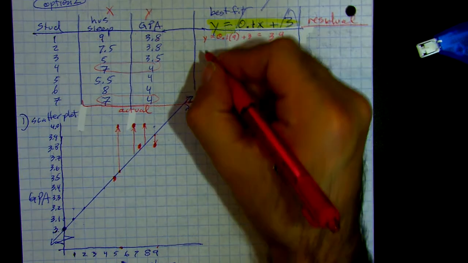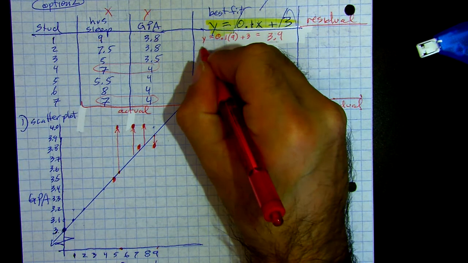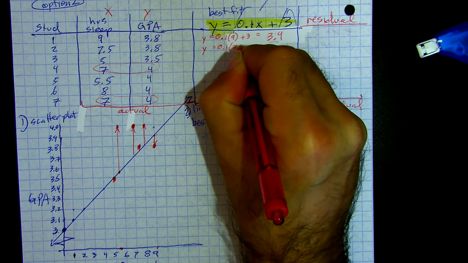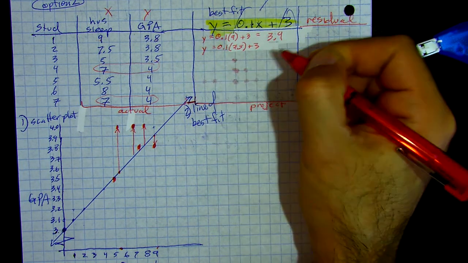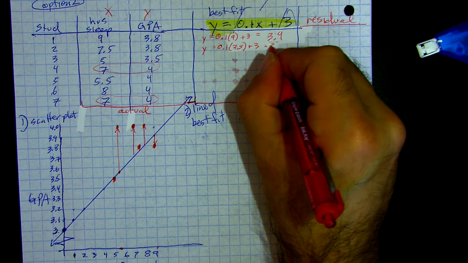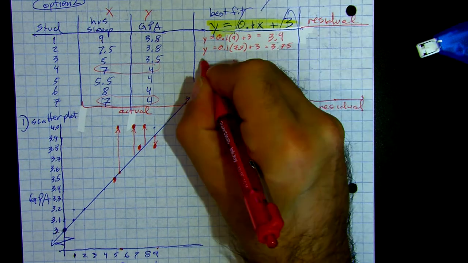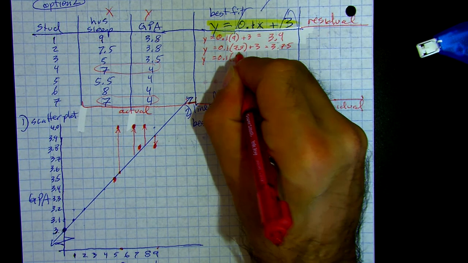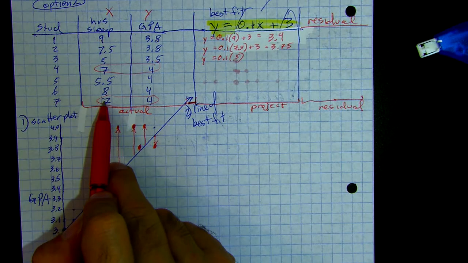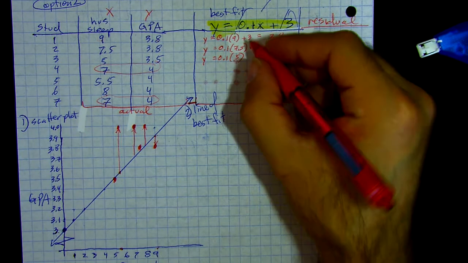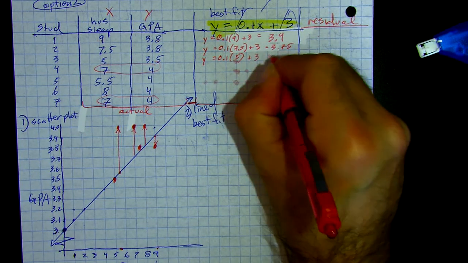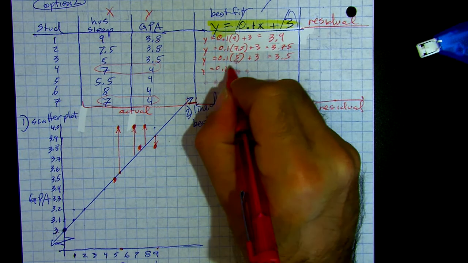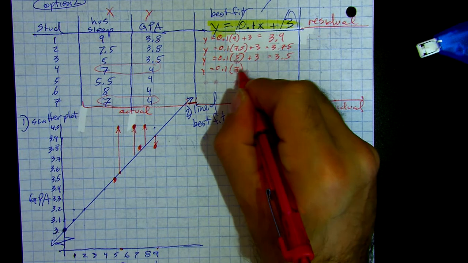Okay. Let's do them for all of them, then we'll subtract them. y equals 0.1 times 7.5 plus 3. This is going to be 3.75. y equals 0.1 times 5 plus 3. Remember, we're just plugging in the hours of sleep to see what the GPA should be based on how much you sleep. That'd be 3.5. That was right on the money. y equals 0.1 times 7 plus 3.